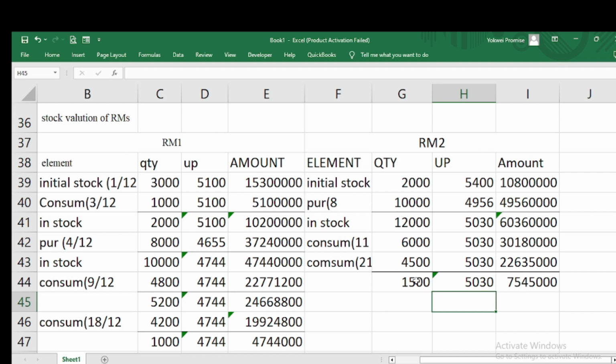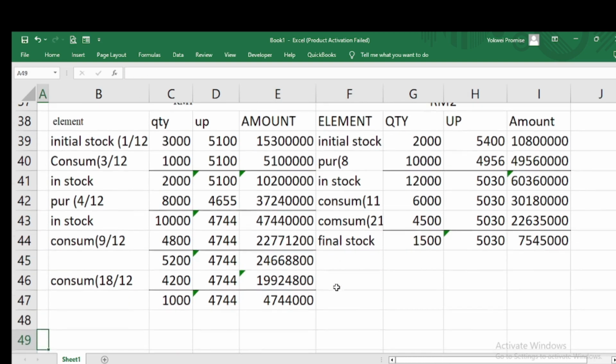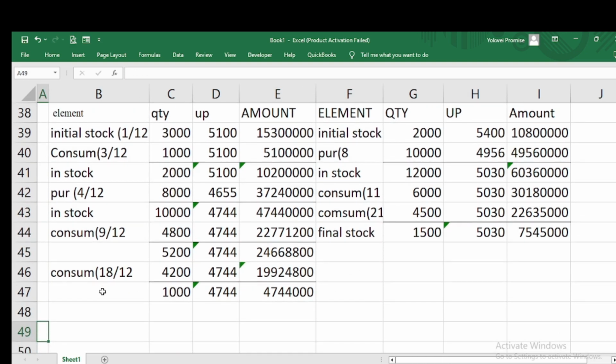So from here now it's very easy for us to determine the production cost. So this is the final stock of this guy. Sorry, final stock. And then the final stock for this other one. This is what we have.